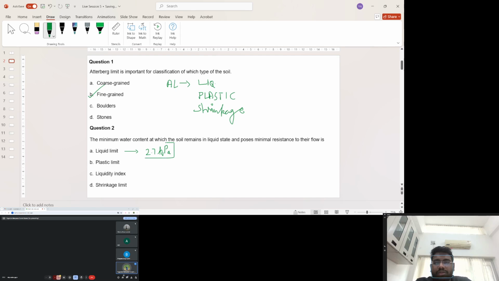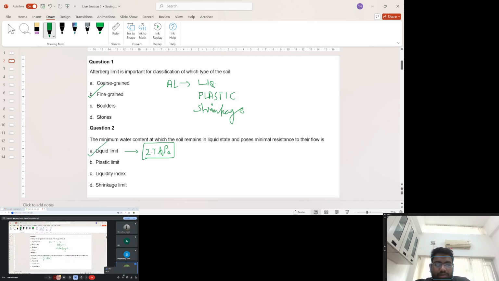This is the general value for shear strength of soils at liquid limit. You can note it down. As far as this question is considered, as you rightly mentioned, it is liquid limit. Hope it is clear.